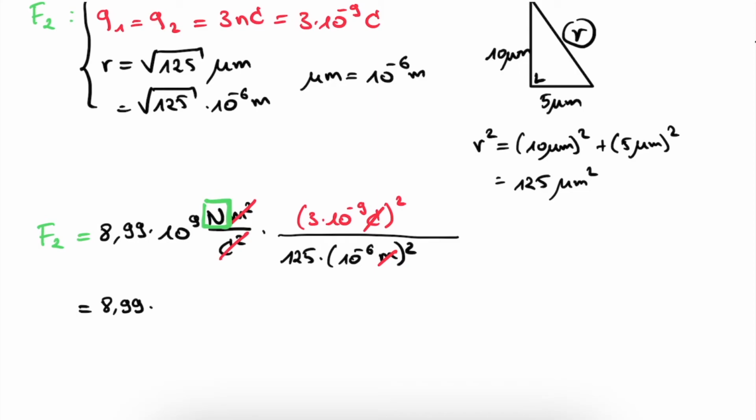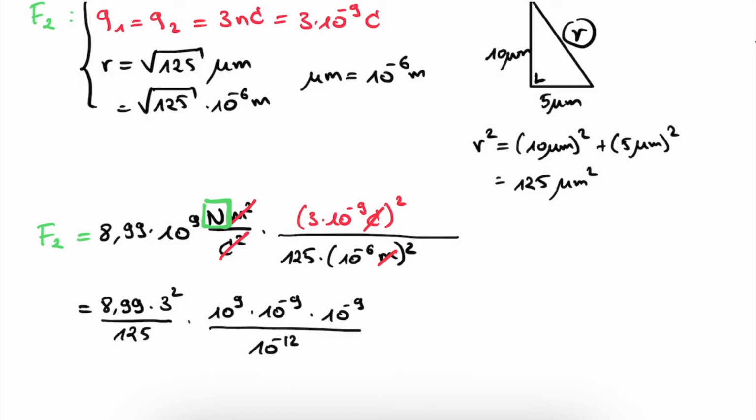We get 8.99 times 3 squared divided by 125, and the term with all of the powers of 10 gathered becomes 10 to the power of 9 times 10 to the power of minus 9 times 10 to the power of minus 9, where this comes from our k factor and these two come from our charges, divided by 10 to the power of minus 12, because 10 to the power of minus 6 squared becomes 10 to the power of minus 12.